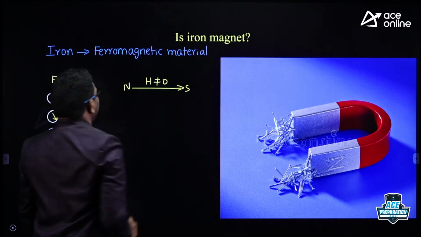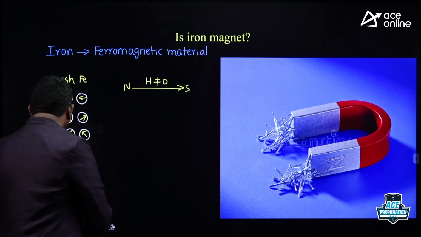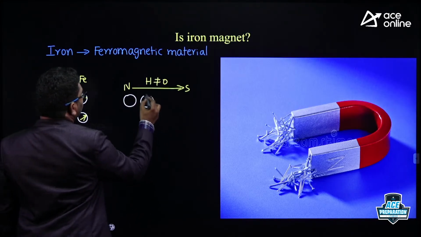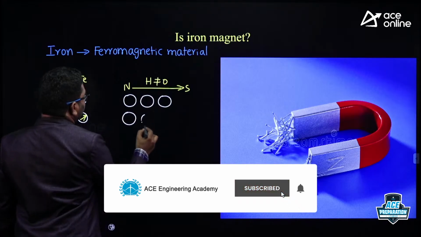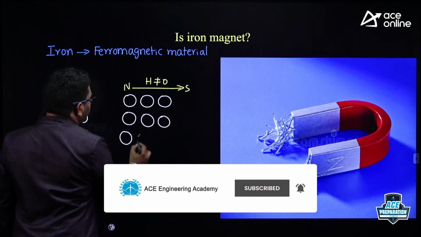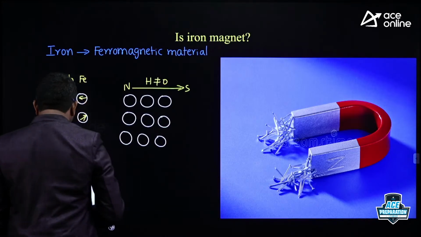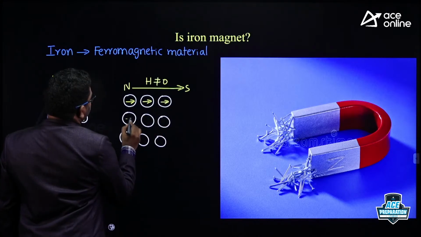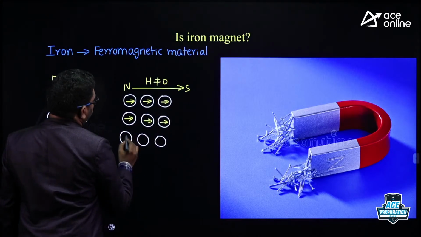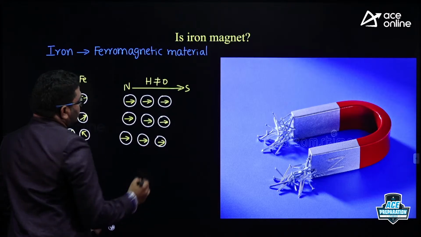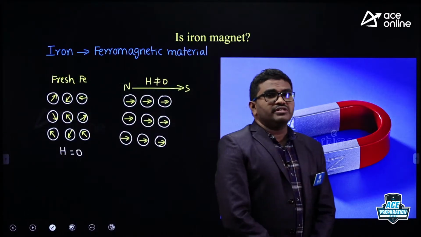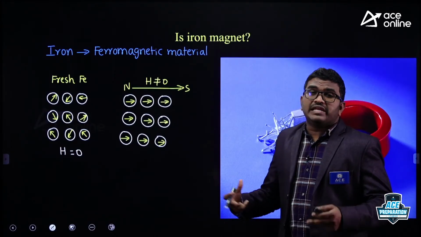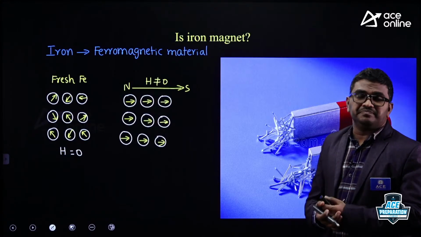So by applying the magnetic field in this direction, see here, all the magnetic dipoles are aligned in the direction of the field and generate large intensity of magnetization. This is ferromagnetic behavior. So iron metal is a good ferromagnetic material and it generates very large intensity of magnetization.